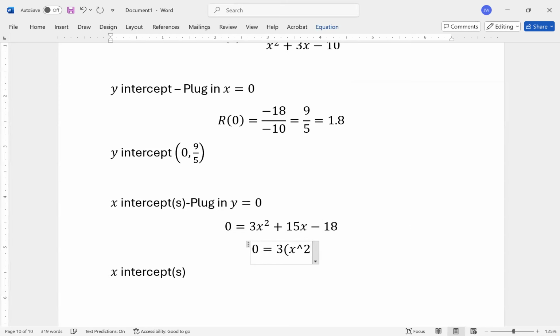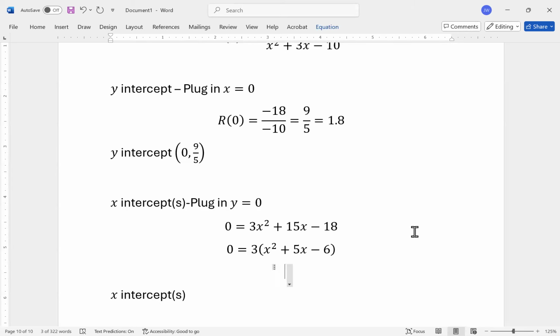That would leave me x squared plus 5x minus 6 inside of the parentheses, which gives me, when I factor x squared plus 5x minus 6, factors of -6 that add up to a positive 5. It's going to be x plus 6 times x minus 1. 6 times -1 gives me a -6. 6 plus -1 adds to a 5.